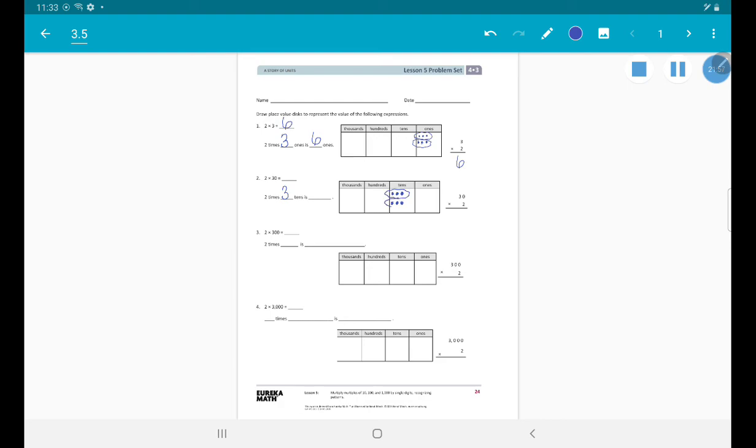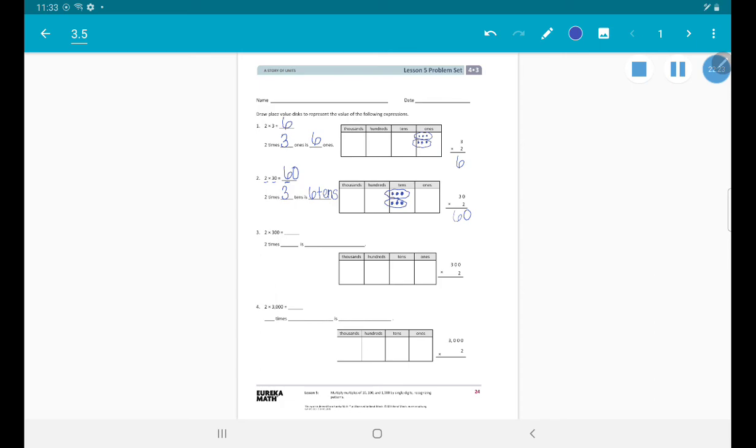There's 3 tens, and 3 more tens makes 6 tens. 6 tens has a value of 60. 2 times 3 is 6, and we have a 0 to add at the end. Same thing here. 30 times 2 is 60.